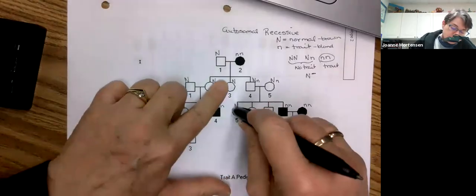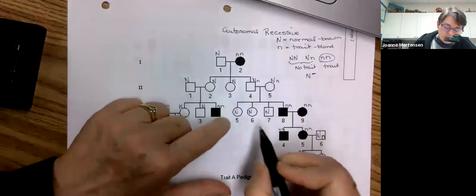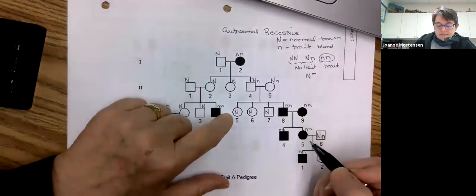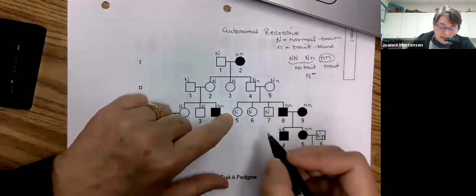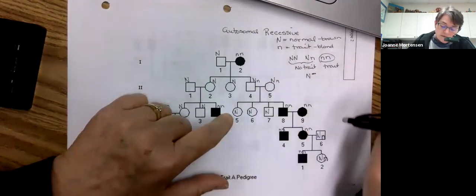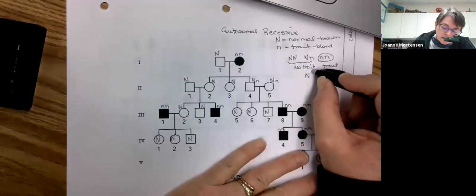Now these 3, that just looks bad. These 3 siblings, you don't know for sure what that second gene is. Whoops. Sorry, I made a mistake. I was thinking X-linked over here.